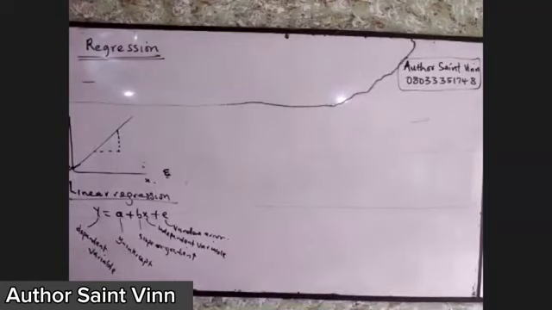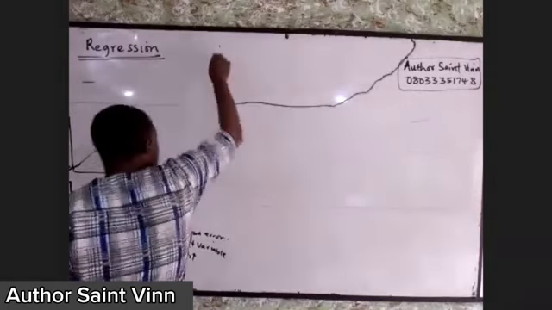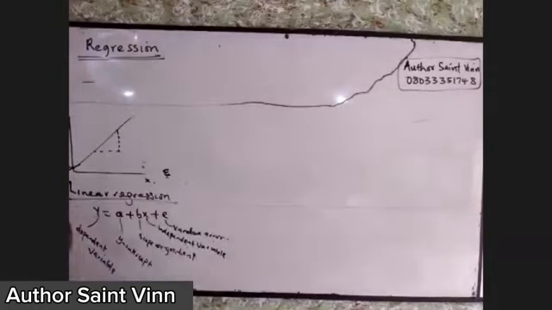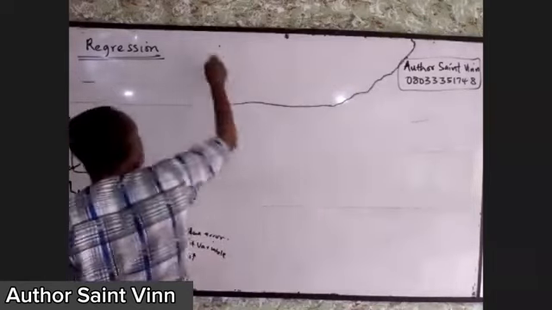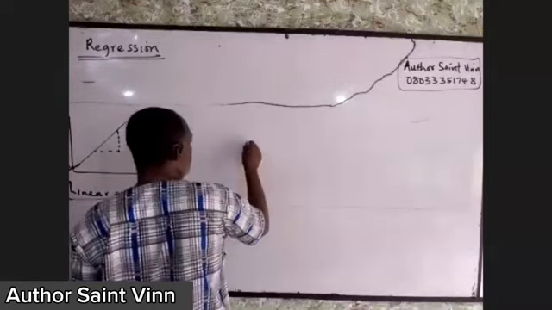The other one: what about two? Types of regression: one, two.